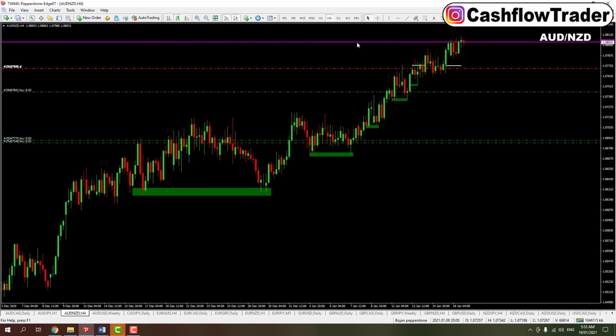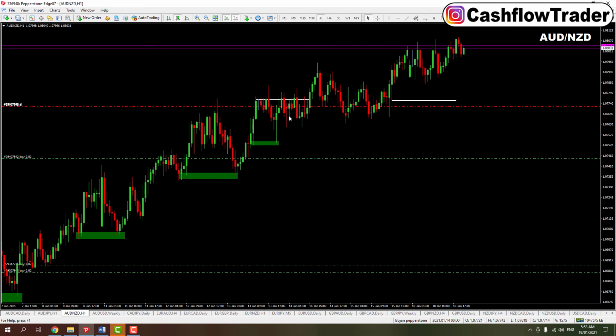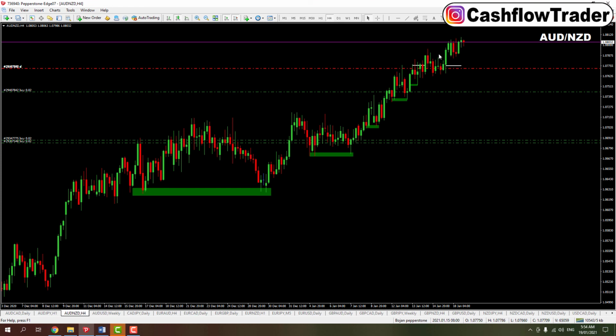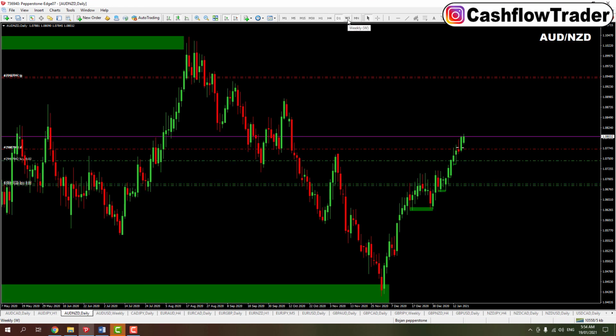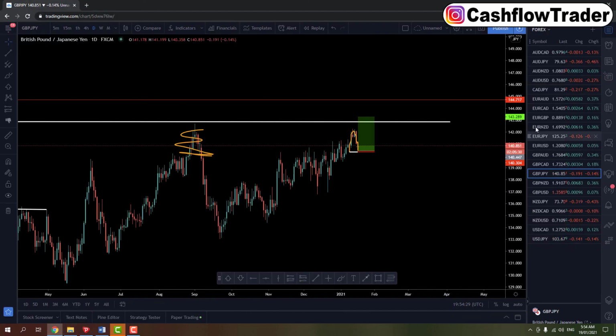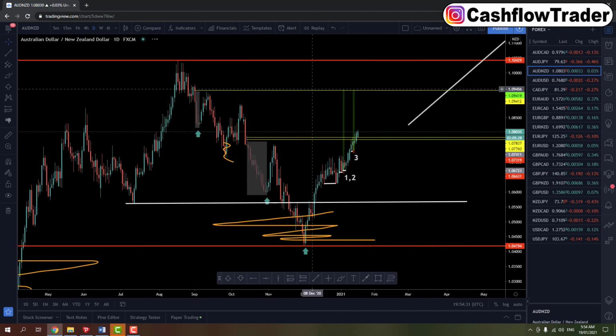We had a little bit of congestion here, so we just kept going sideways, sideways, sideways, and then I thought, like, hang on a second, this is just not working. But then again, you gotta stick to your plan, keep going up and up and up. It's just making higher lows and occasionally higher high, and that's awesome. You gotta stick to your plan. So if I go to TradingView, I was talking about that trade here.